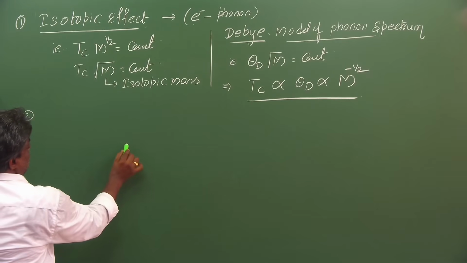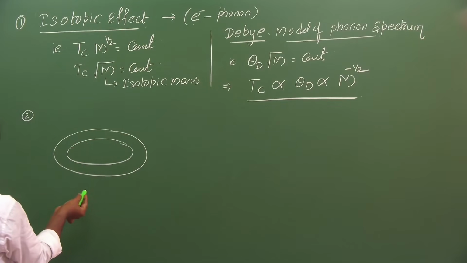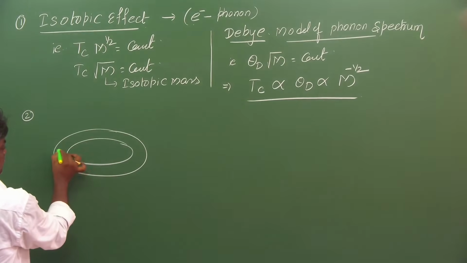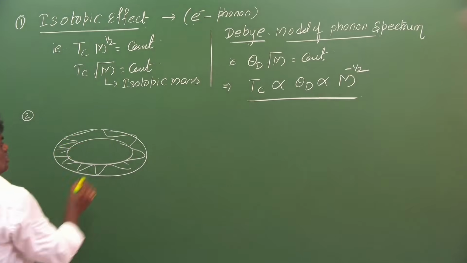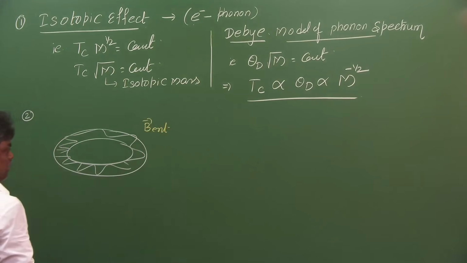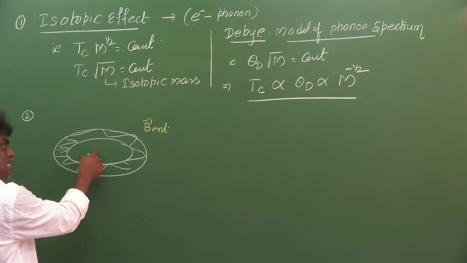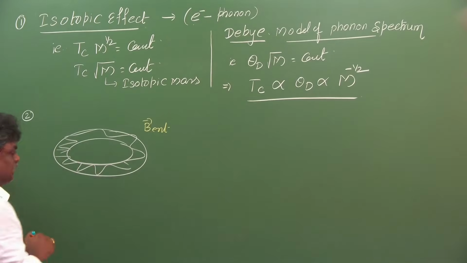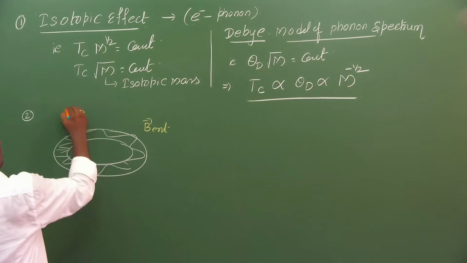Now for example, you have a superconducting ring. Here we have B, the external magnetic field, as usual. Then the magnetic lines of force will be developed inside this superconductor. Now I am taking the flux.